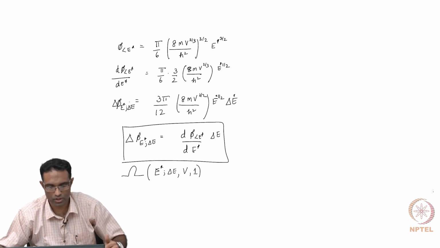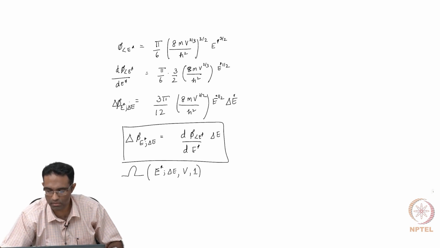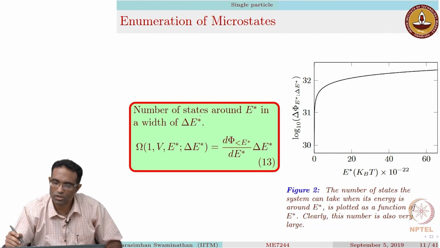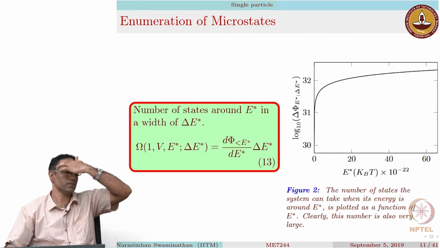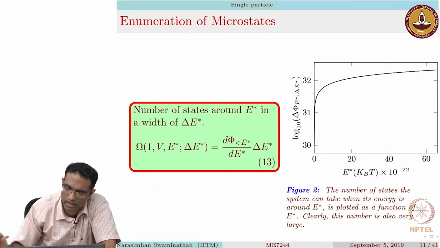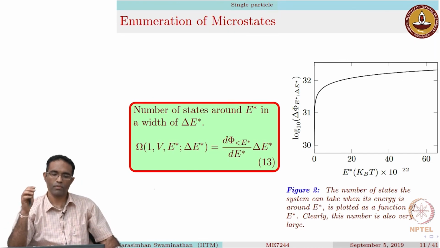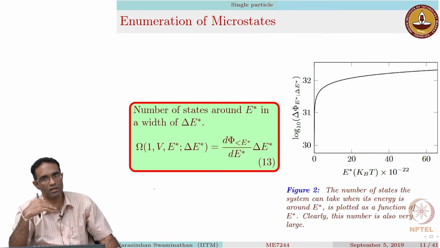We will plot this function. So this function you can plot, d phi by dE star times delta E, by assuming some small value of delta E as well. This one also is a huge number, in the order of 10 to the power 32. I think I have assumed some small delta E here, maybe 0.01 kBT or something like that, to plot this, showing you that even omega is in the same order of magnitude as omega less than E star.